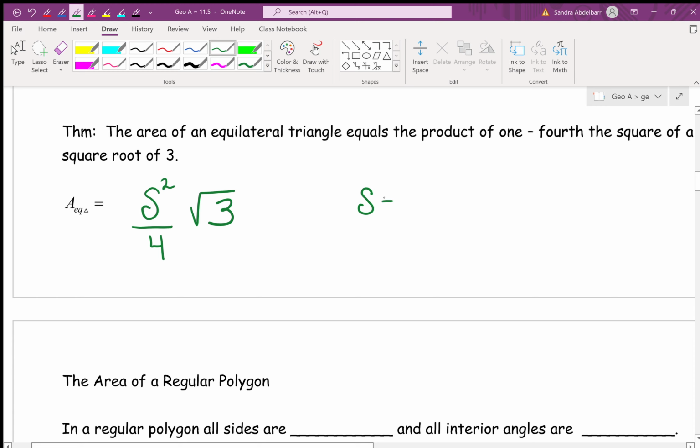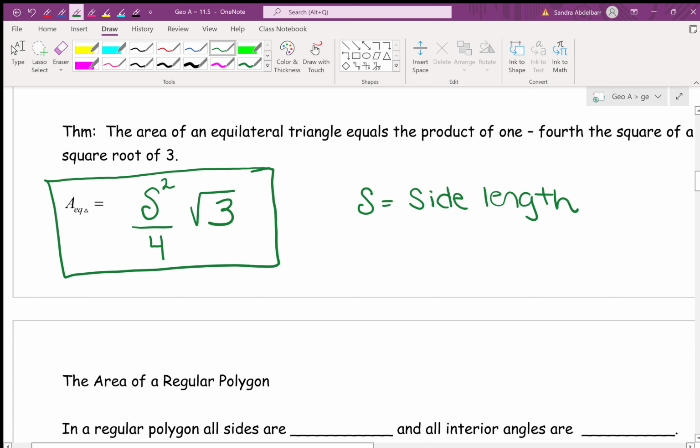I'll say S equals side length. We ready?